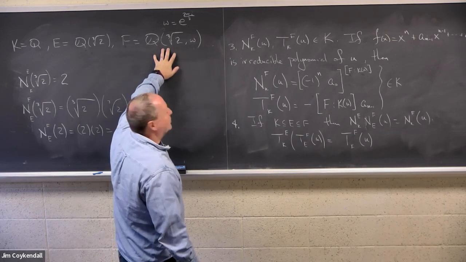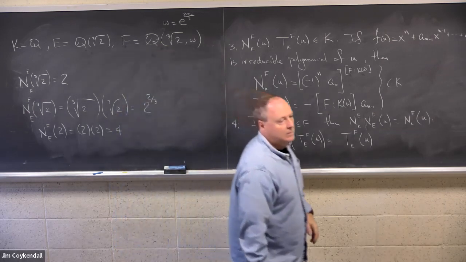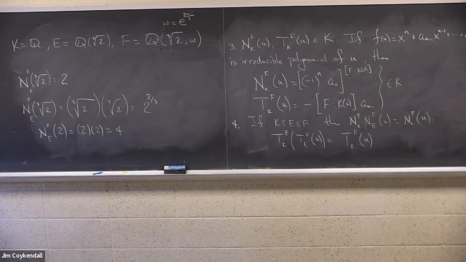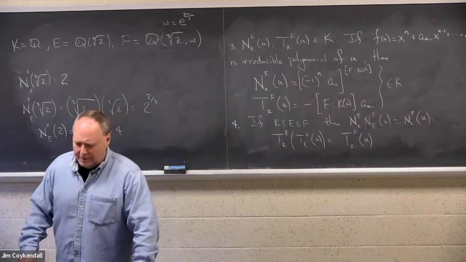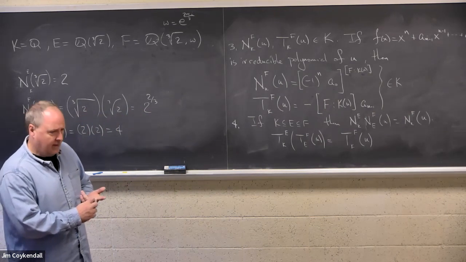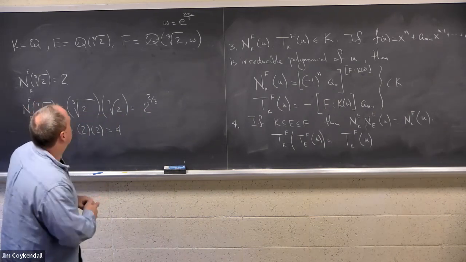Well, remember, this extension is Galois. So how many automorphisms does the big field have? Anybody remember what the Galois group of the big one is, Q adjoined with the cube root of 2 and omega? Was it S3? It was S3, that's right.